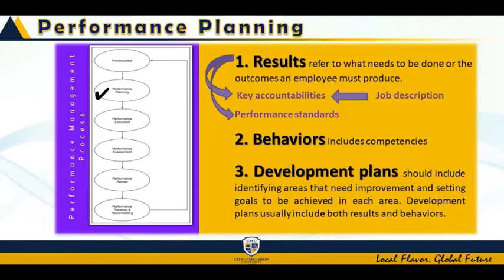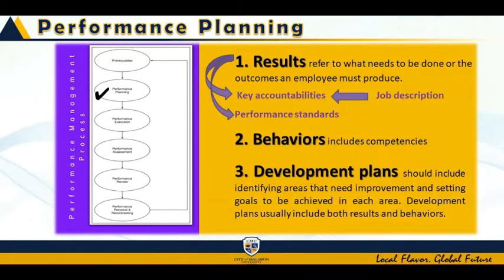This discussion of behavior needs to include competencies, again, the clusters of KSAs. And finally, the development plan includes a description of areas that need improving and goals to be achieved in each area.